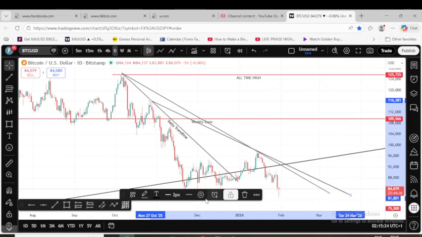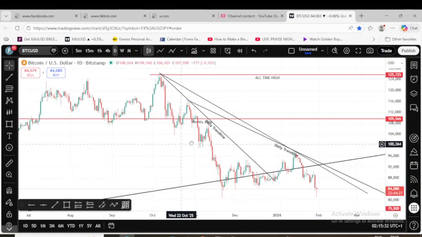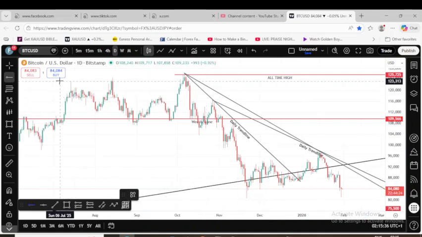We'll keep them both, basically our daily trend lines. So we'll keep the two daily trend lines because both of them are valid. The next thing we want to do is identify our daily zones.